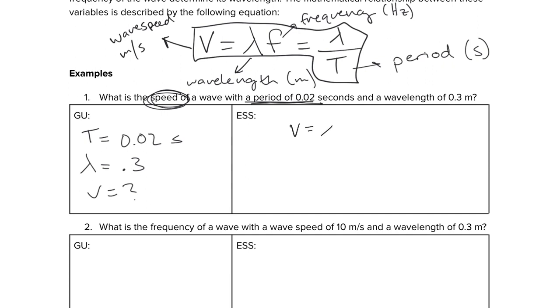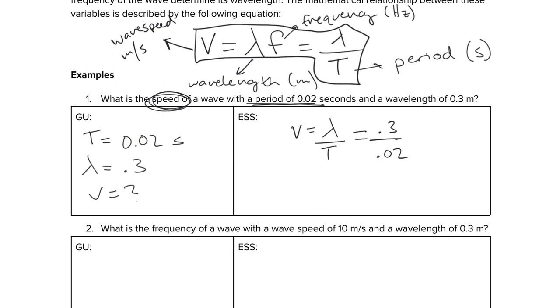Velocity equals lambda divided by T. We'll plug the stuff into that. So that equals 0.3 divided by 0.02. And then you get to type that into a calculator. And when you type that in, you're going to get 15, and velocity is measured in meters per second. So your wave speed here is 15 meters per second.